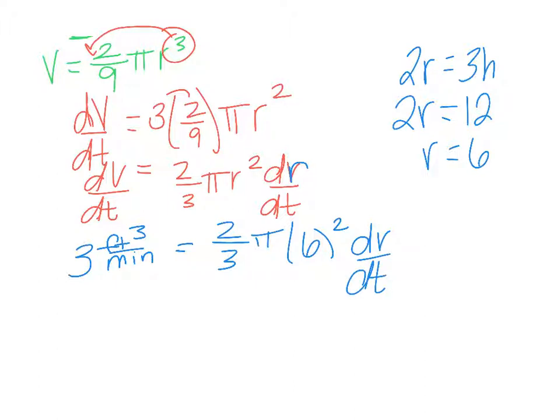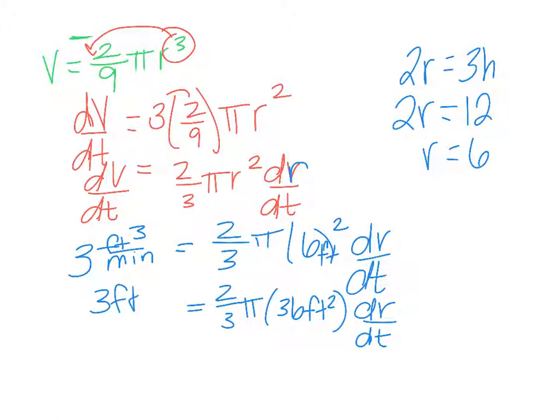And then I'm going to use my calculator here. Let's make that feet inside. Don't forget your units. So that's going to be 36 feet squared. So this is 2/3 pi times 36 feet squared, times dr/dt, is equal to 3 feet cubed per minute.